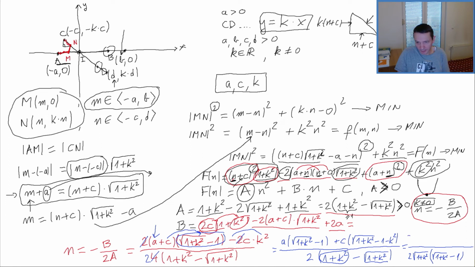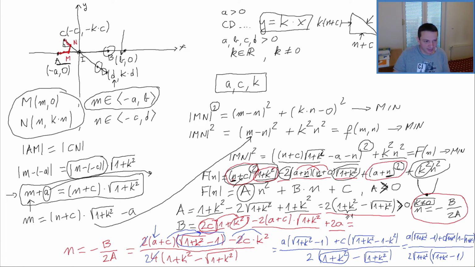And in the numerator, a times square root minus 1 will be left. And in this second part in front of c, we again take the square root in front of parentheses and obtain 1 minus square root of 1 plus k squared.